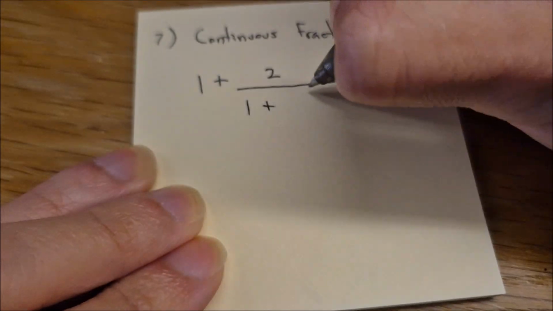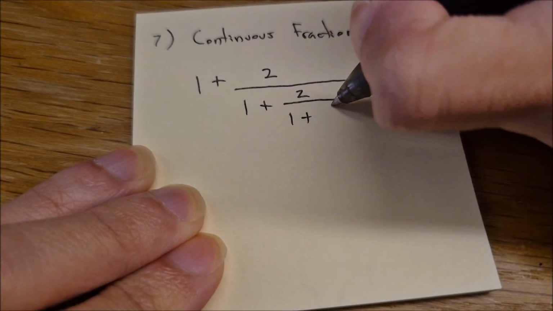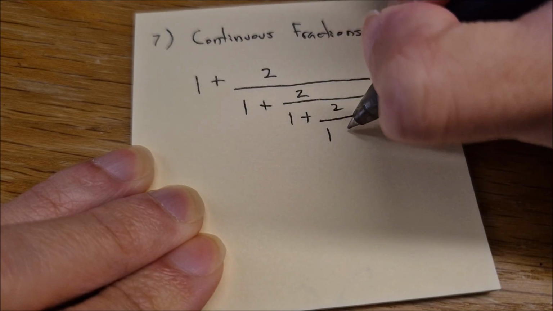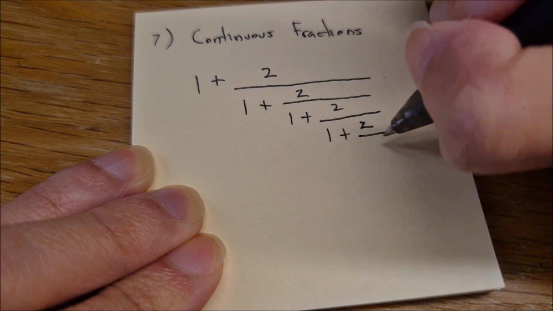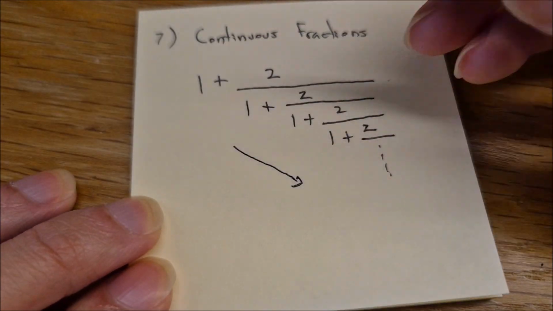You have another 1 plus 2, over 1 plus 2 over 1 plus 2, and it goes on and on forever.